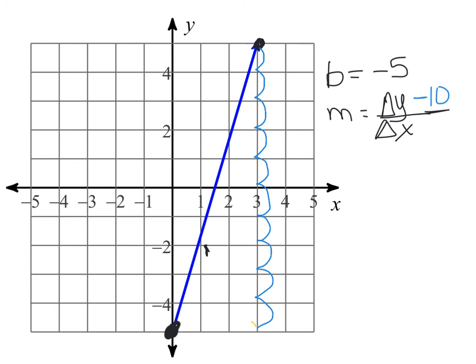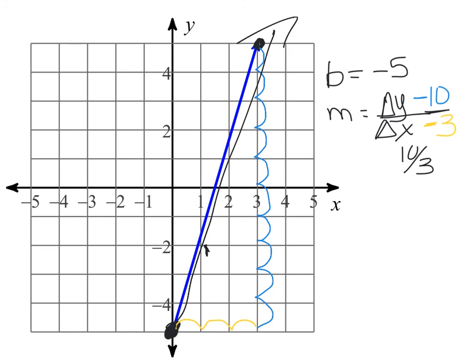And then I'm going to go 1, 2, 3 to the left. So that's a negative, right? Okay, so negative over negative is going to be +10 over 3. And if you look at the line going left to right, it's going up, so it's positive.